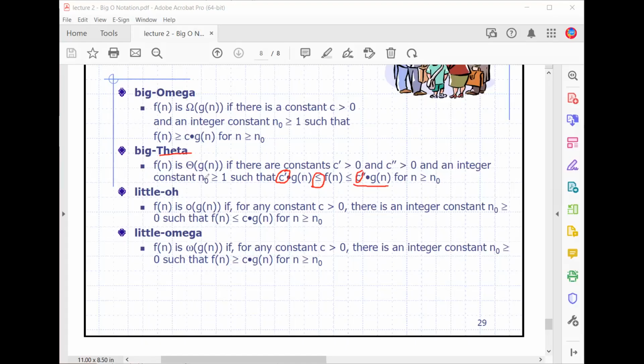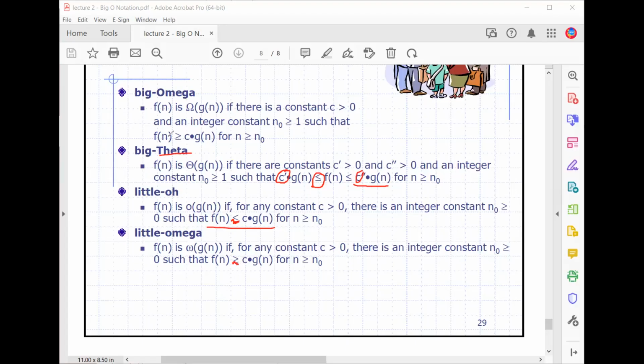The difference between big O and little o, right? There's an integer constant, just looking the same as that one. Little omega, there's a little mistake here. Little o doesn't have this equal sign, and little omega doesn't have this equal sign.